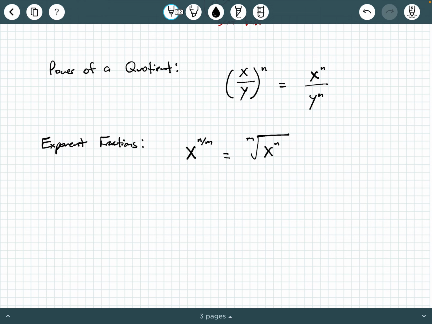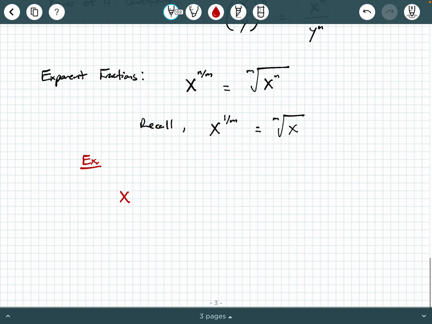If you recall, when you have x to the 1 over m, that's going to be the mth root of x. The classic example of this property is x to the 1/2 power is the square root of x. X to the 1/3 power is the cube root of x, and so on and so forth, okay? So that's exponents in a nutshell.